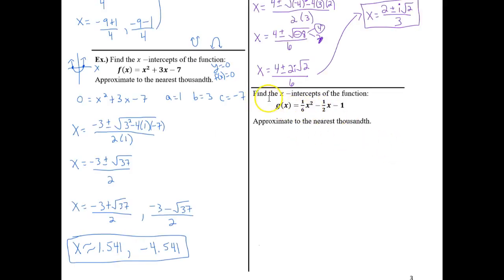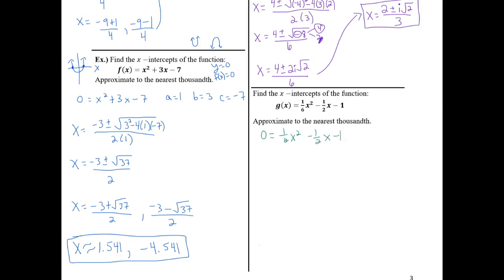Alright, here on the right, find the x-intercepts of the function g of x equals 1/6 x squared minus 1/2 x minus 1. To find x-intercepts, we have to let y equal 0. So in this case, we're going to let g of x equal 0 and solve for x.